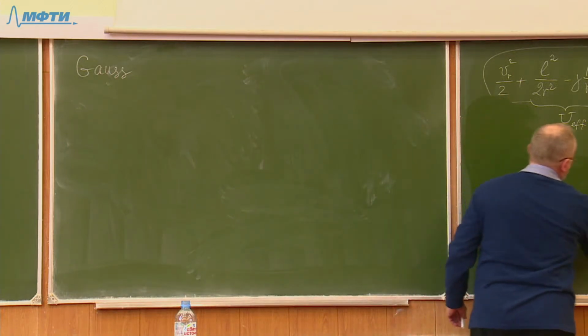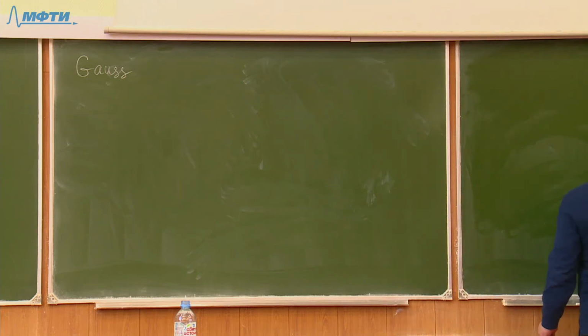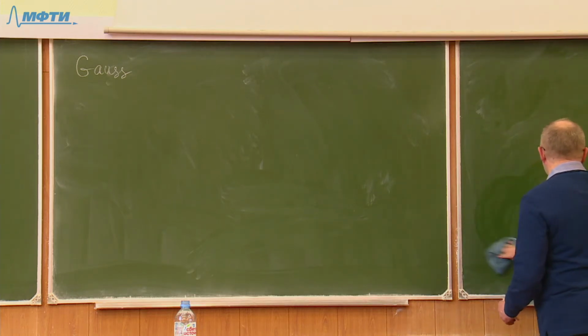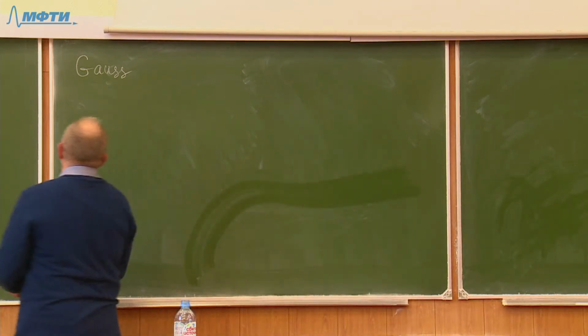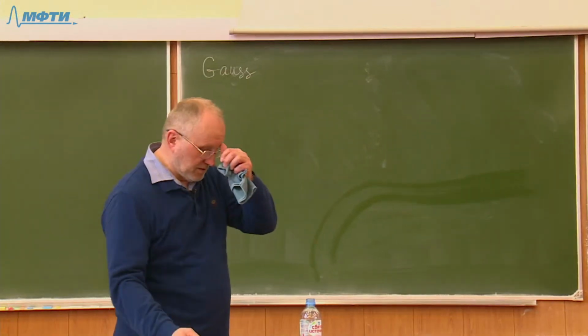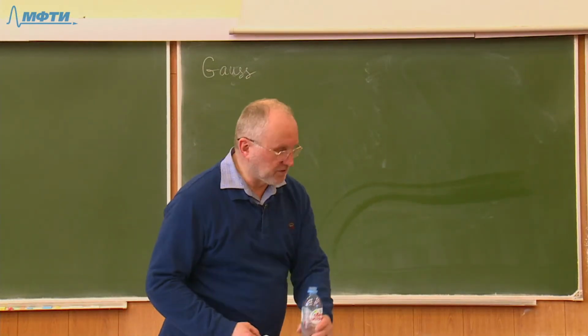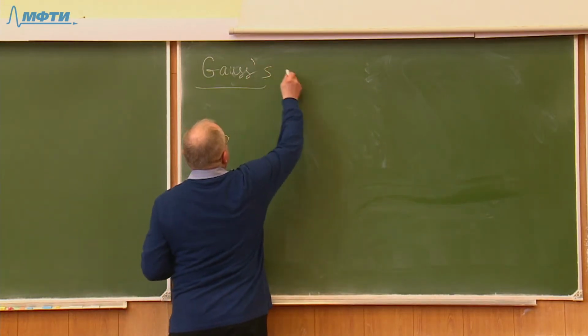There is a Gauss theorem for the electromagnetic field and a Gauss theorem for the gravitational field, and the two theorems are practically identical as far as mathematics is concerned. I will write you, first of all, the final result of Gauss's theorem.